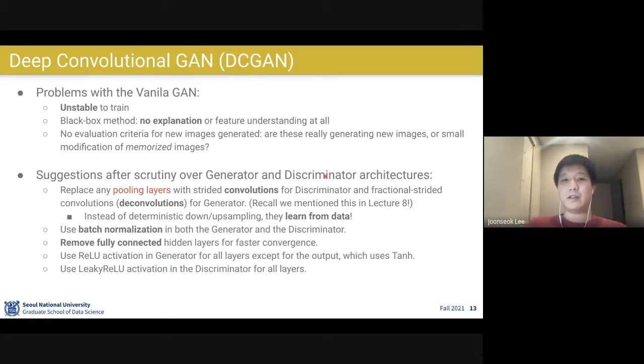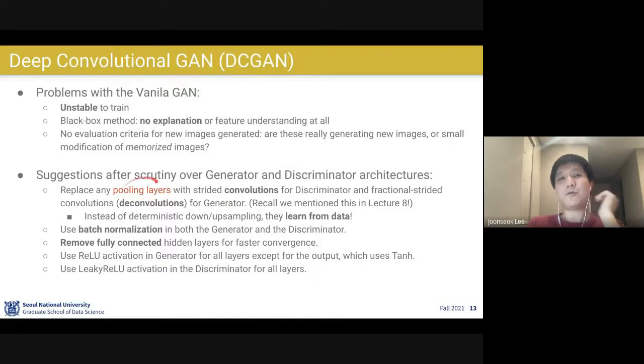So in the DCGAN, they applied some modifications like this. All of them are more like engineering stuff. Like they replaced all the pooling layers with strided convolutions and deconvolutions. We actually mentioned this in lecture 8. In GANs, we don't use pooling layers, and that's actually coming from here.